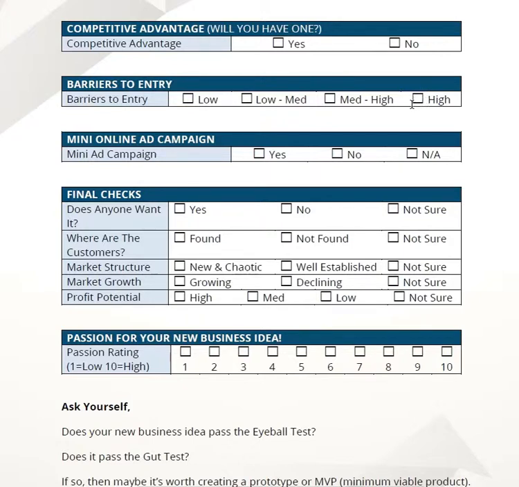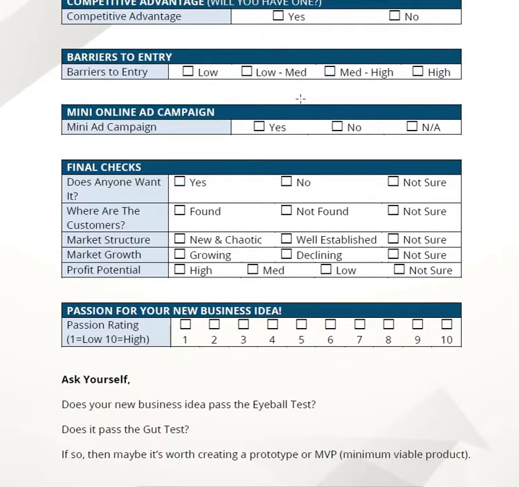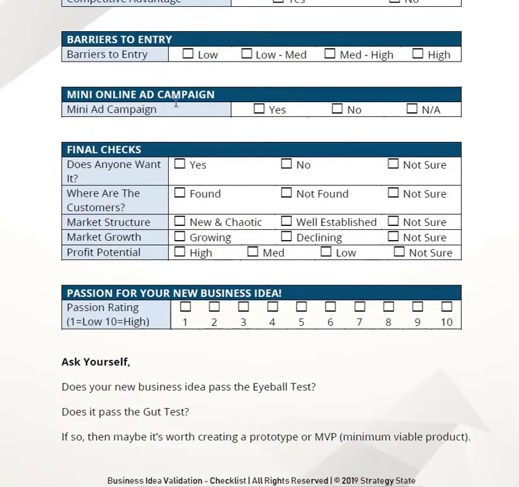The start cost might be really high, which is hard for you to get in, but it's also good in the sense that it keeps other people out. So if you can get in and it's a high barrier to entry, you might be able to enjoy healthy margins. So be honest, and everyone's situation and idea is completely different.